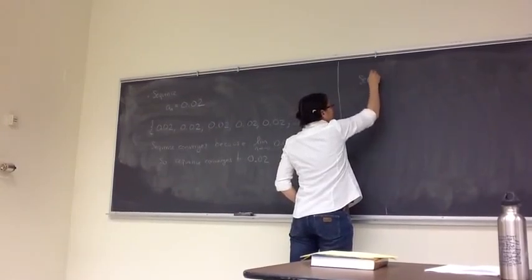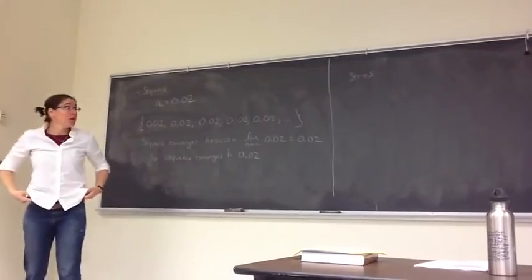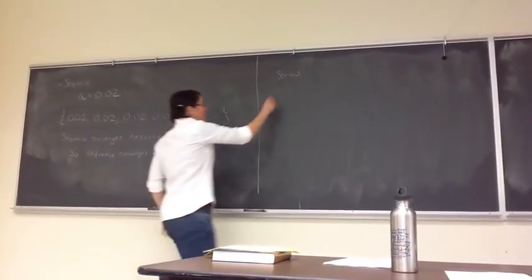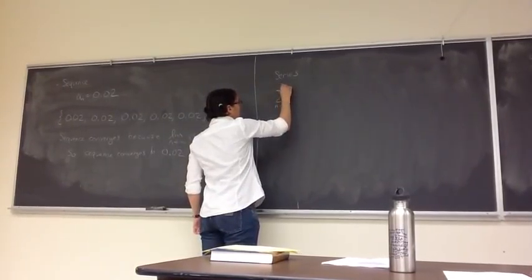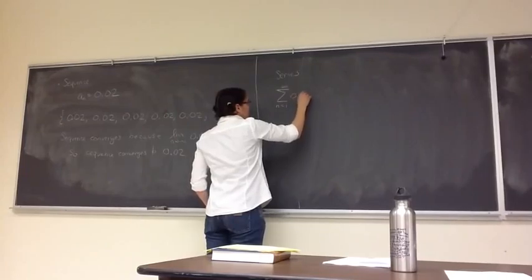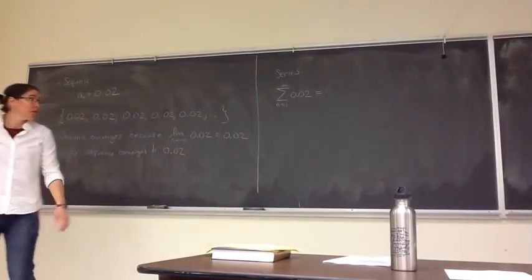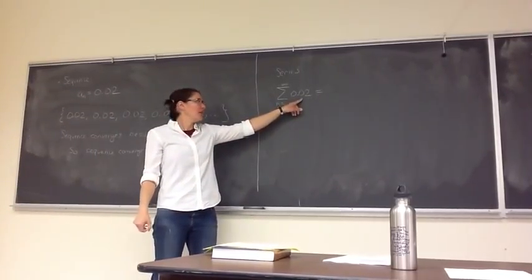Okay, so let's look at the series associated with this sequence. So instead of just listing these numbers, if I look at the sum, where n goes from 1 up to infinity, of 0.02, well, when n is equal to 1, I plug in 1 for n.